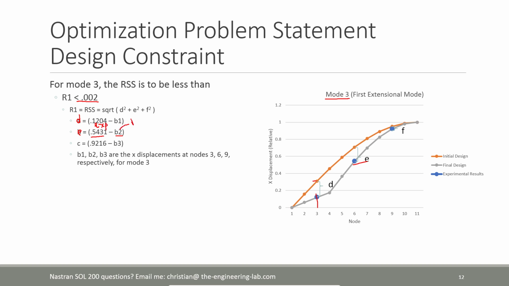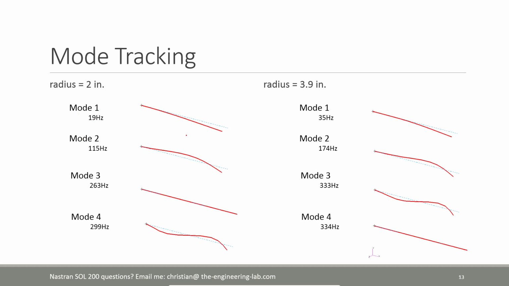B2 is the FE solution. So here we are going to take the difference between the two. We are then going to express a root sum of squares expression here. So the square root of D squared plus E squared plus F squared. And then again, I'll talk about how to program this in Nastran Solution 200 in a moment.